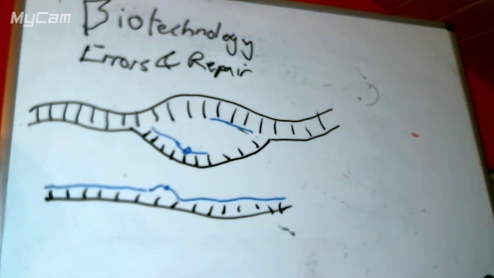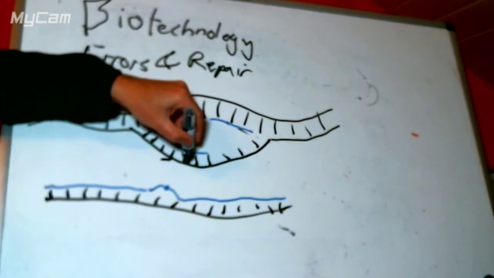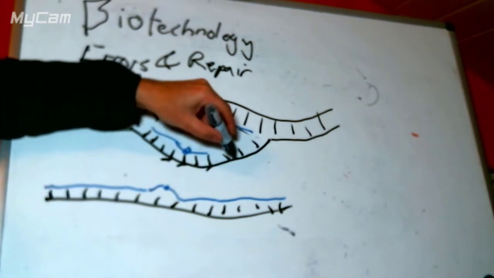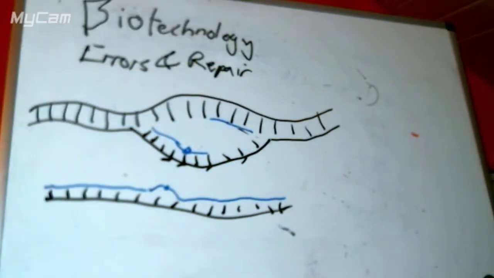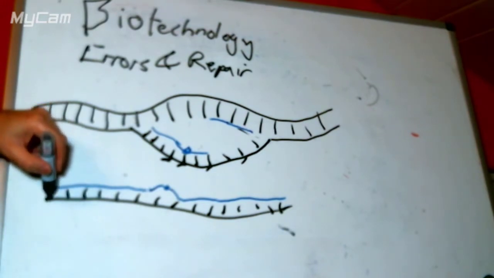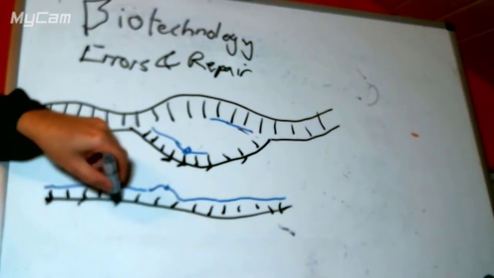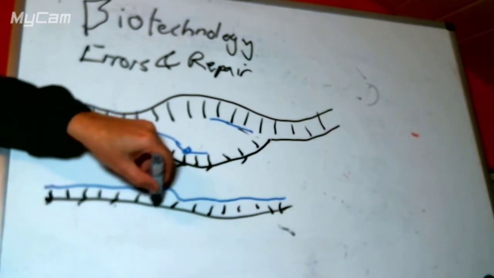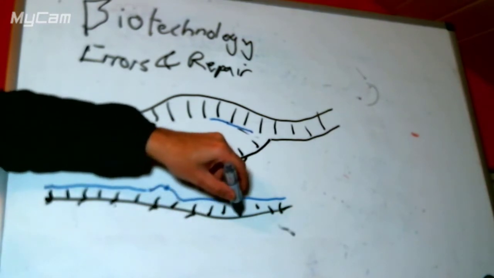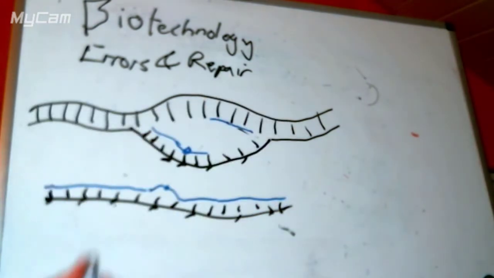So the bases gain a chemical group on the side, a methyl group on the side, like this, some of them, not all of them, and that allows the cell, the chemistry of the cell, to know which one is which.